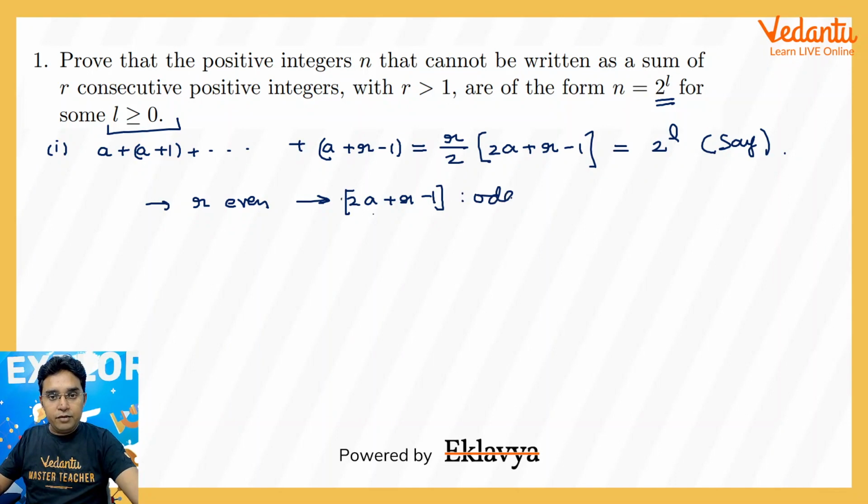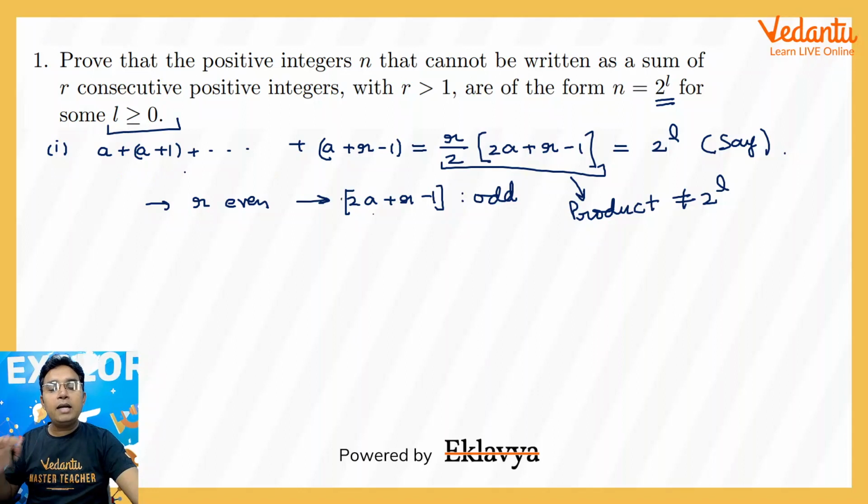And if that is so, then this product will have some odd factor in it. So this cannot be equal to 2 power l. I hope you are getting it. So we have got a contradiction. So the sum of any r consecutive integers cannot be equal to 2 power l.